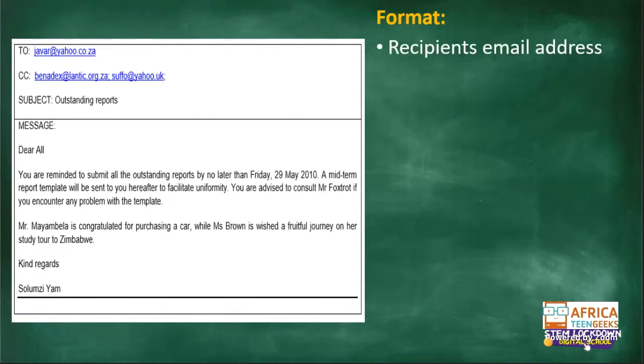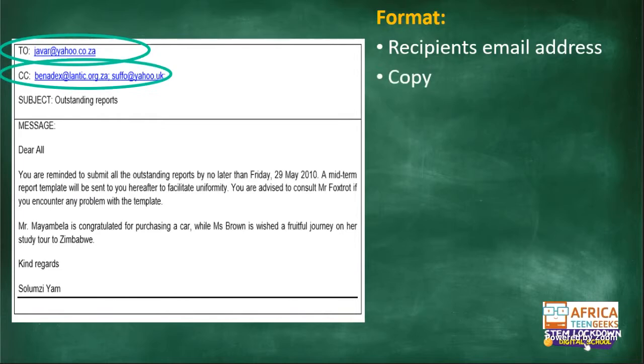It starts with "To", colon, then you write the recipient's email address. Then immediately after that, you would have your carbon copy: the people you want to see the email but not have any input in it. Your carbon copy goes right underneath the person you are sending the email to.